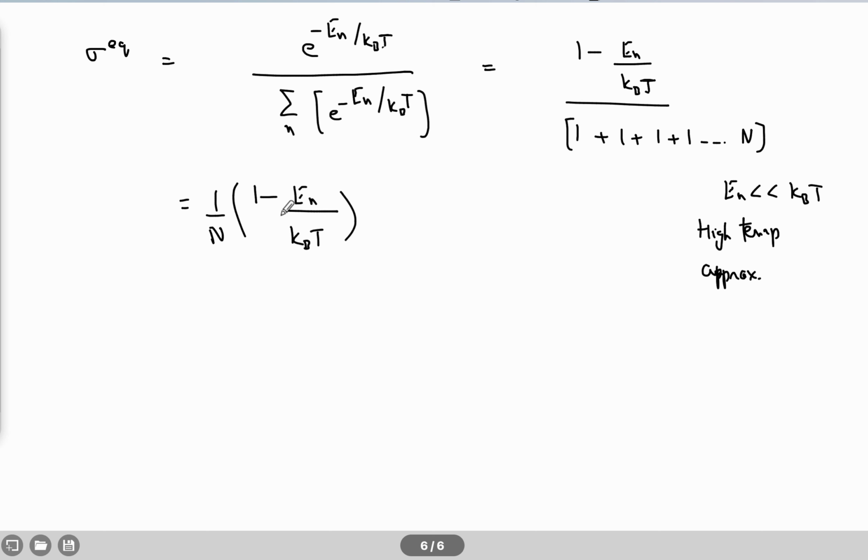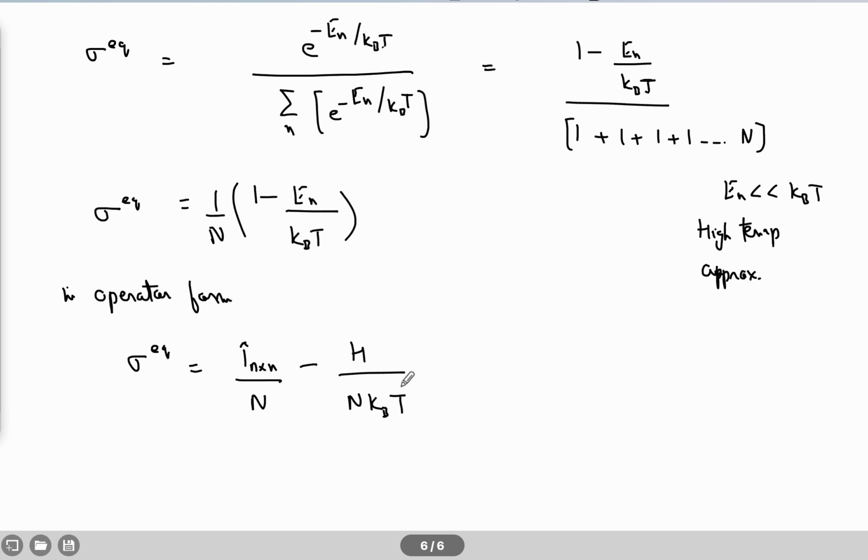Now in operator form, I will replace E with the corresponding operator, which is the Hamiltonian, and 1 with the unity operator. So I will have sigma EQ as the n cross n identity operator divided by n, minus Hamiltonian divided by n kBT.